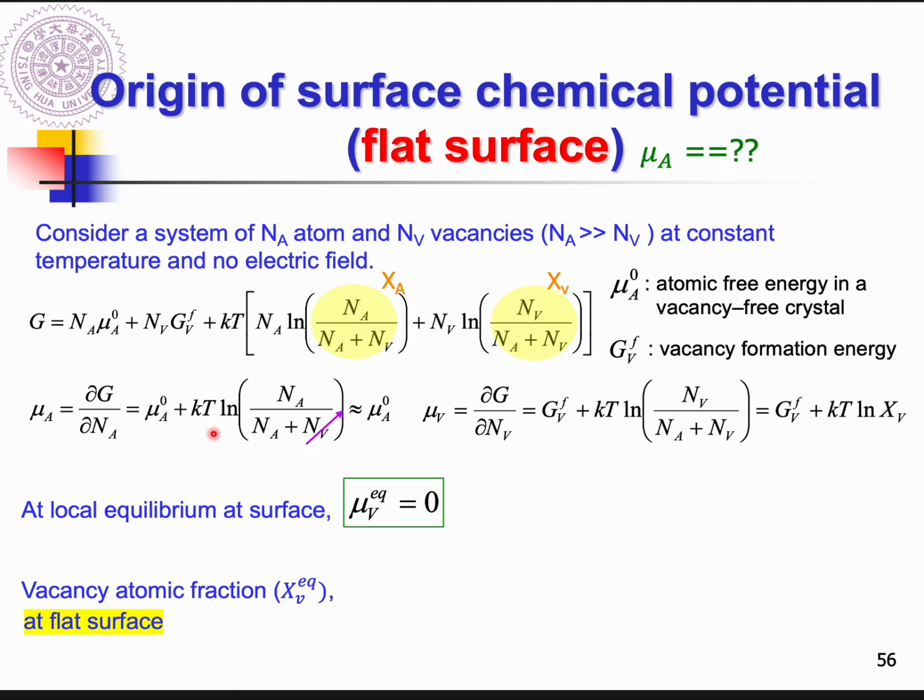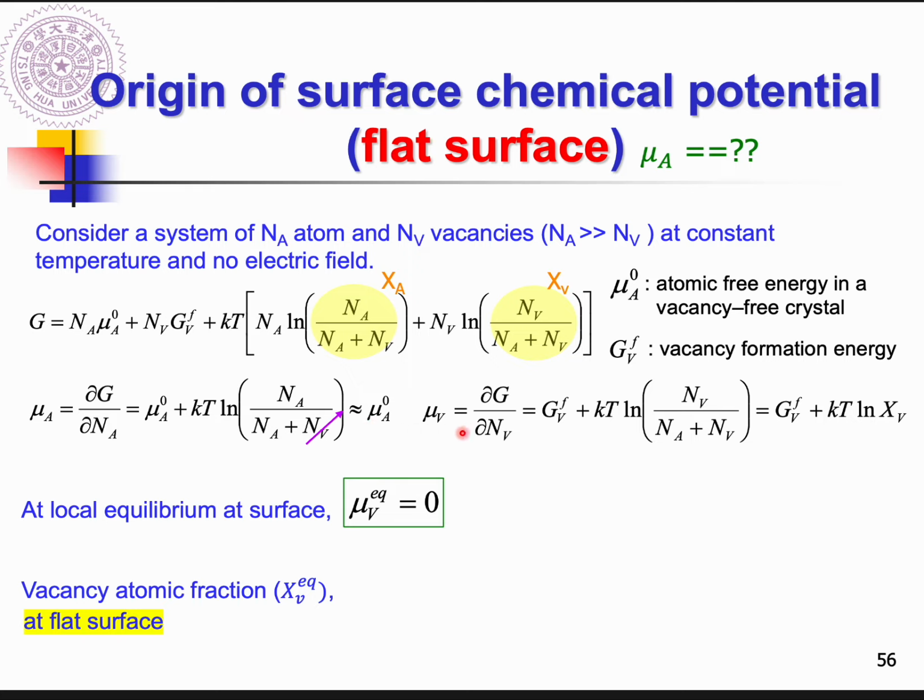So what you have here is KT log 1. Log 1 is actually 0. So here the chemical potential of atom A on the flat surface is approximately equal to mu A0, the free energy of atom A in a vacancy-free material.